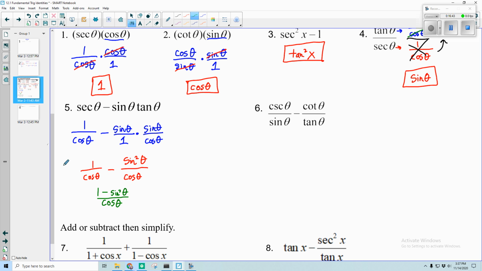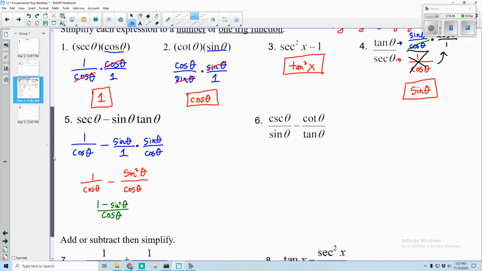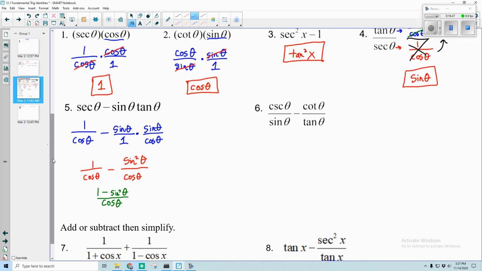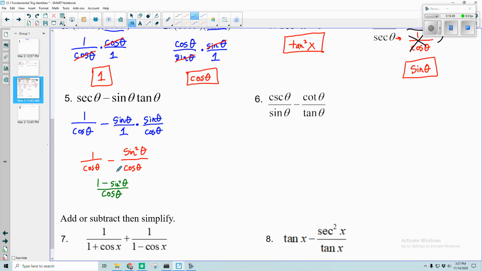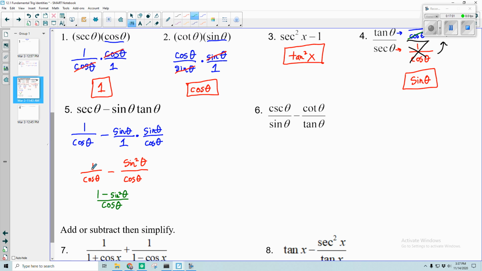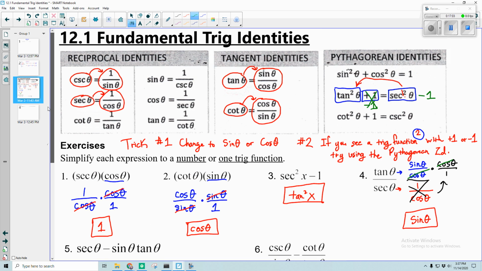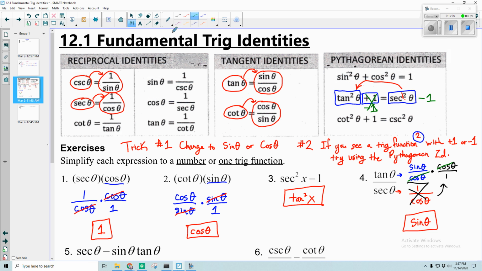So that's what the numerator looks like. All right, so what do I do now? Okay, so here we go. I see some trig function. It's squared, and there's a 1 minus that trig function, okay? So this is a cue to me that I'm probably going to be looking at the Pythagorean identities, okay?